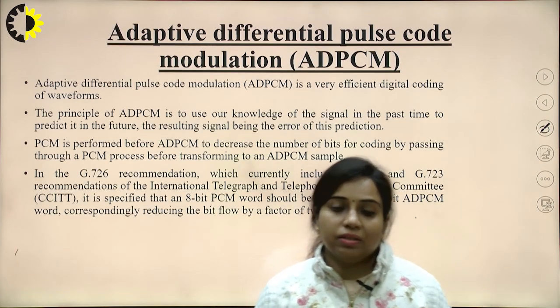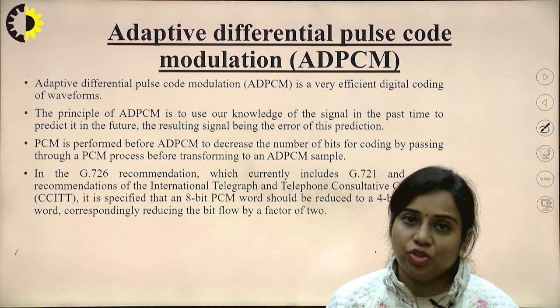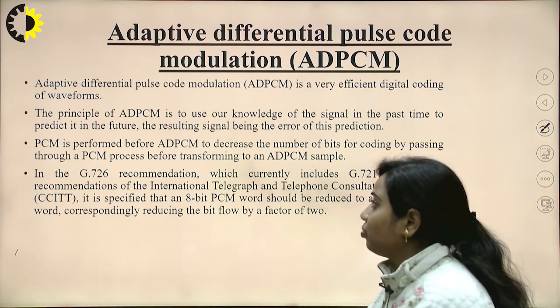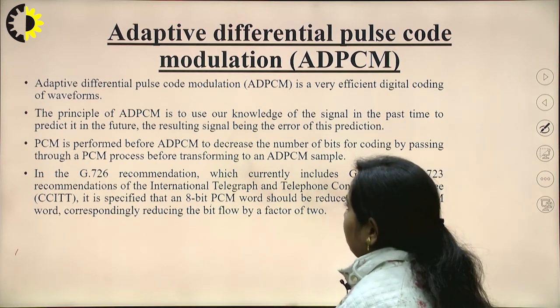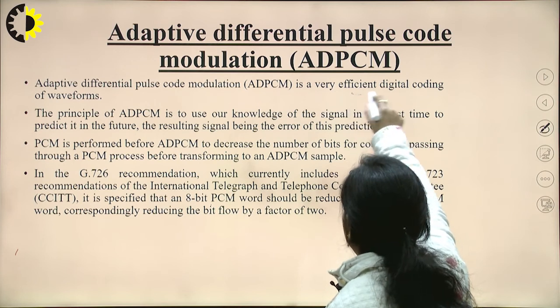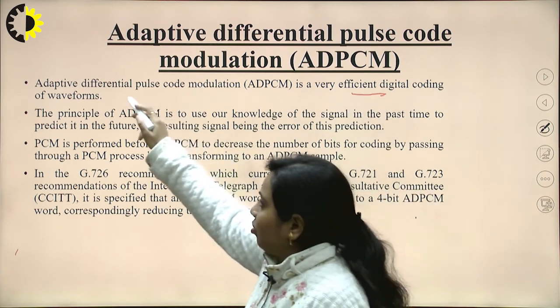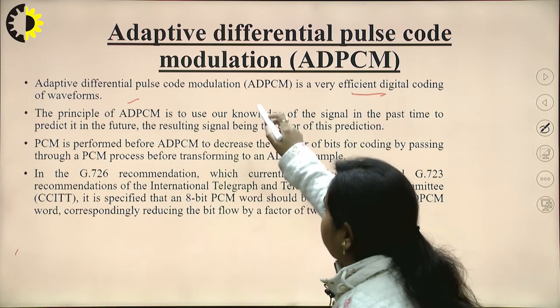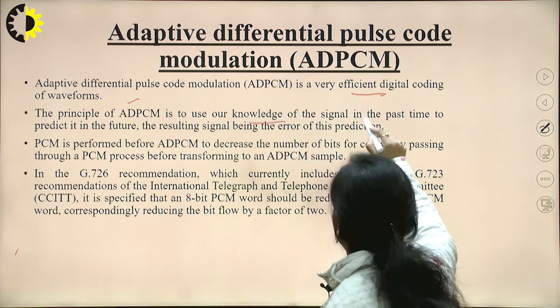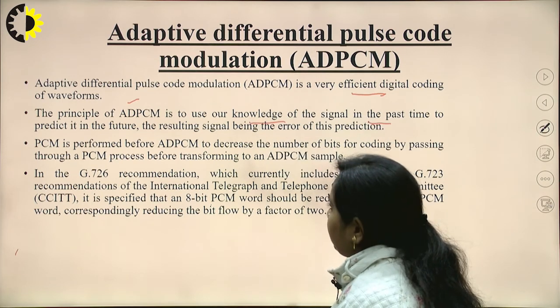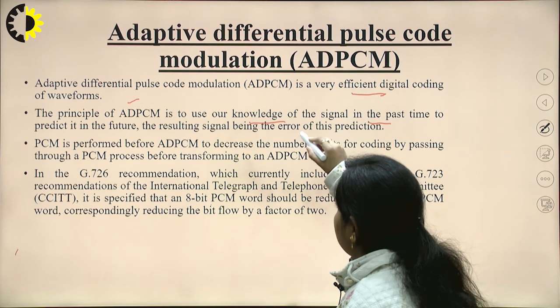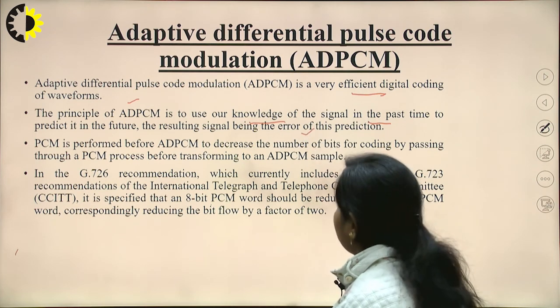Now last one is the adaptive differential pulse code modulation, known as ADPCM. ADPCM is a very efficient digital coding of waveforms. The principle of ADPCM is to use our knowledge of the signal in past time to predict it in the future, the resulting signal being the error of the prediction.